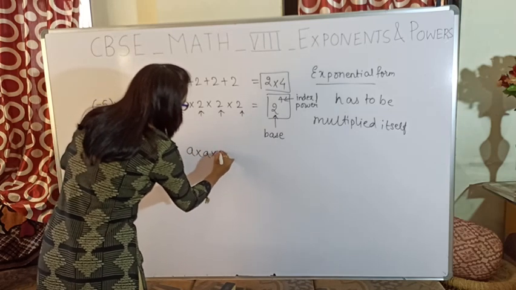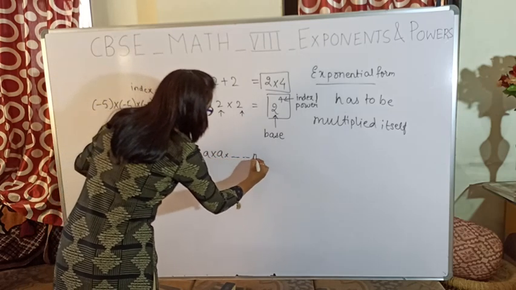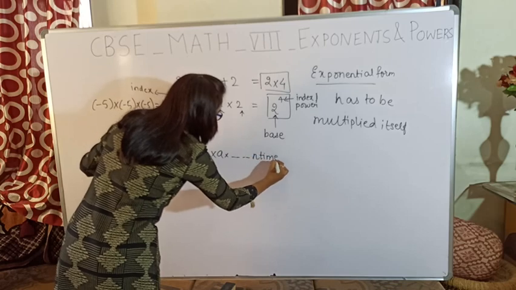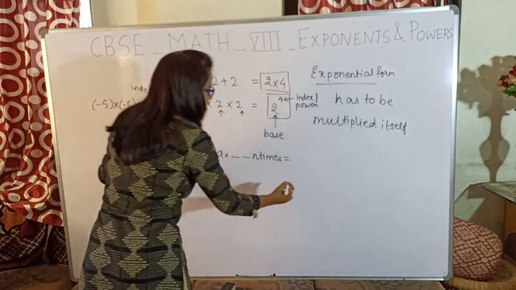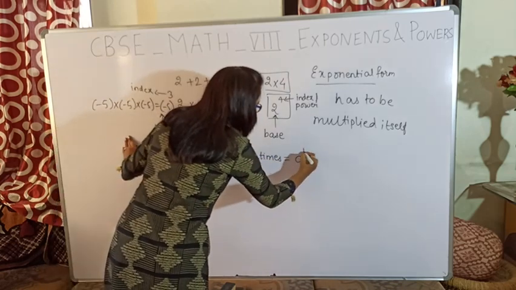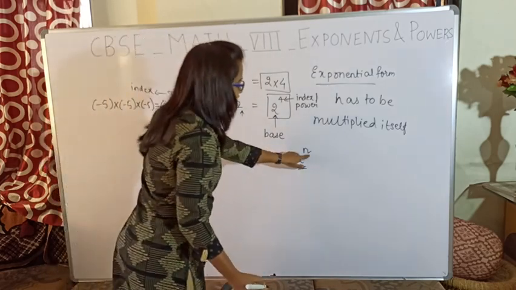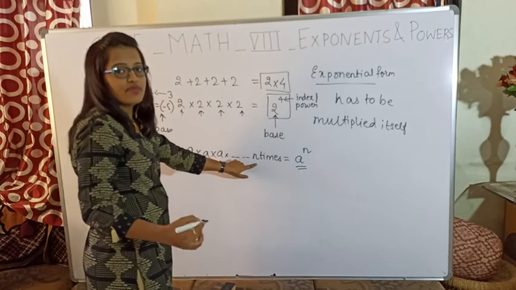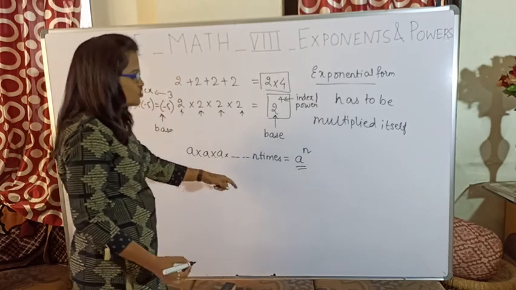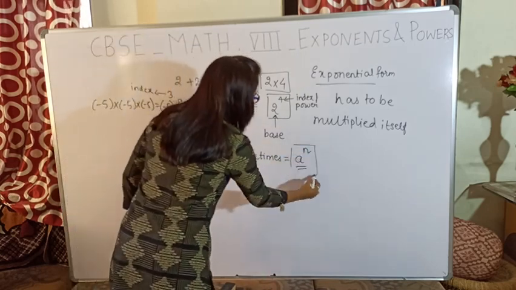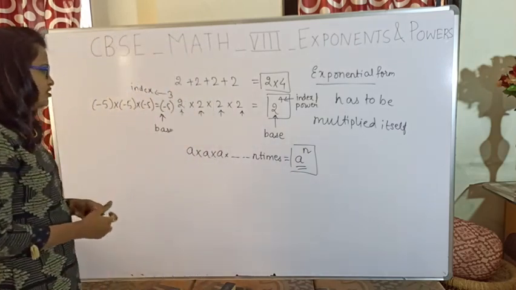Suppose a is the number which is being multiplied with itself n times. So how can you write it in an exponential form? I can write a raised to n. Why a? Because a is being multiplied with itself, and why n? Because it has been multiplied n times. Okay, so this becomes the standard form of writing any exponential number.